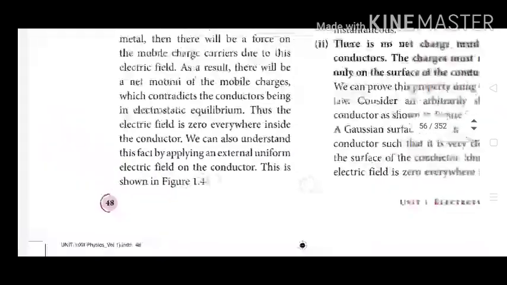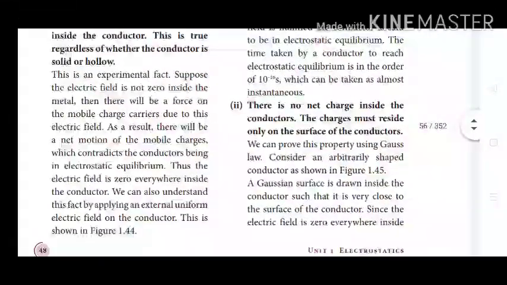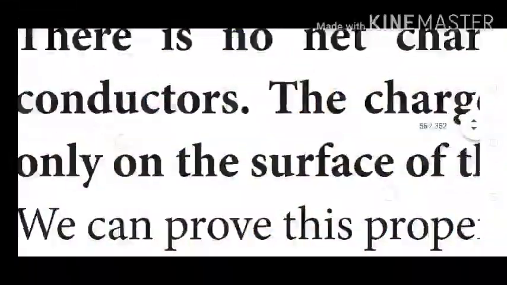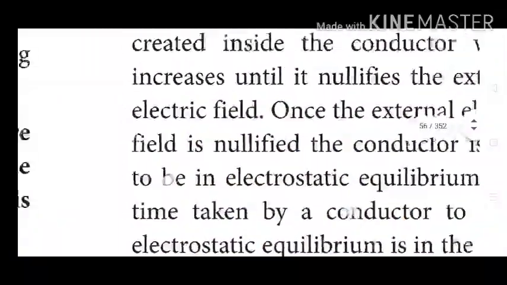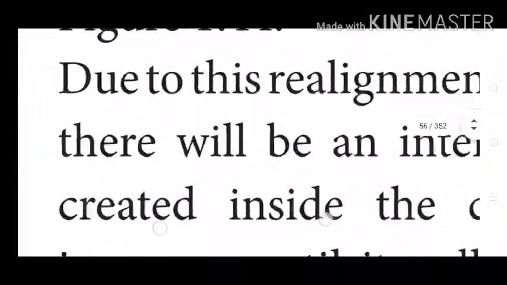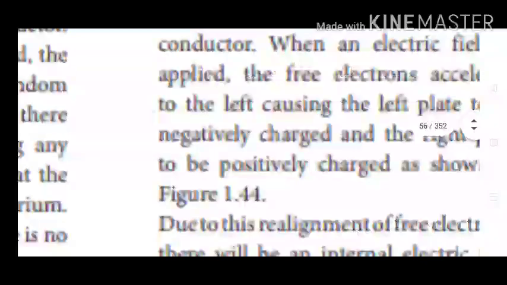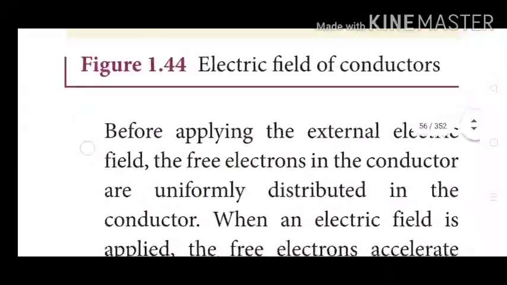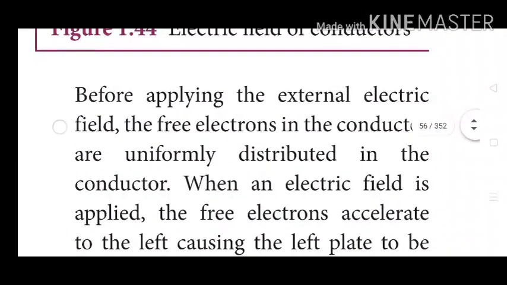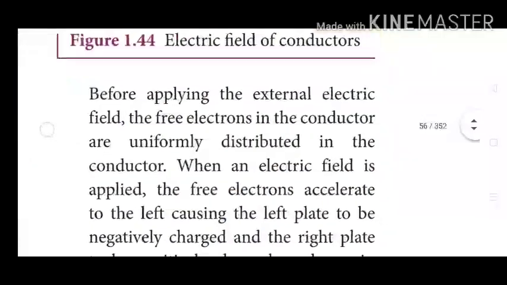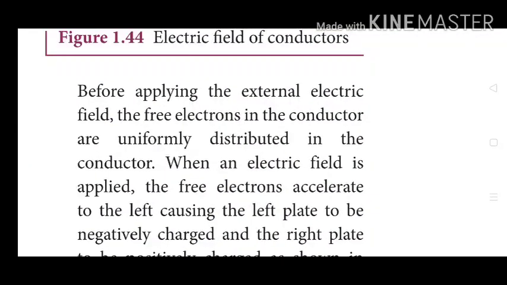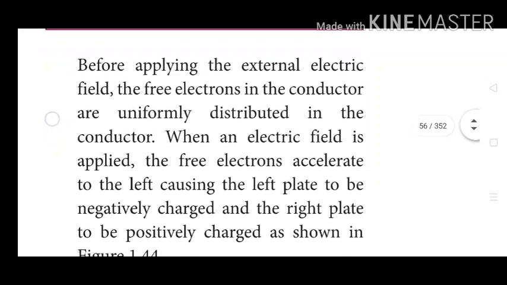We can also understand this fact by applying an external uniform electric field on the conductor. This is given in the diagram. We should understand that if there is no external force on the electrons or charge carriers, there is no current in the conductor.